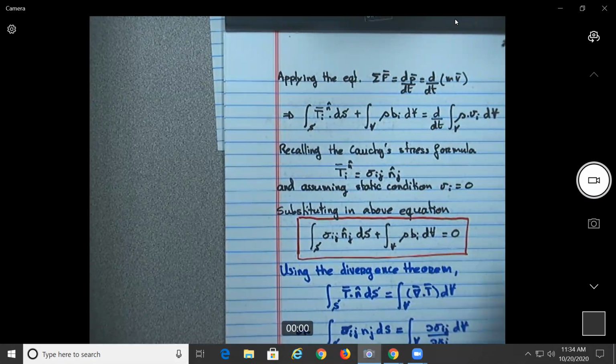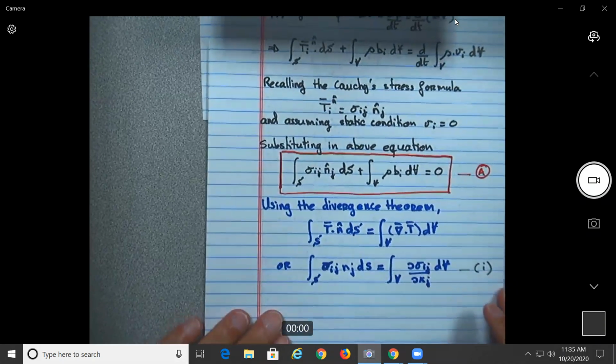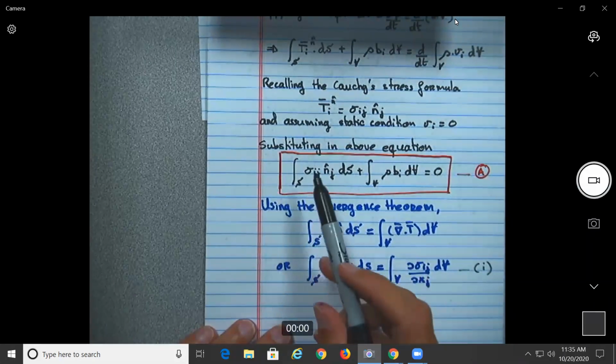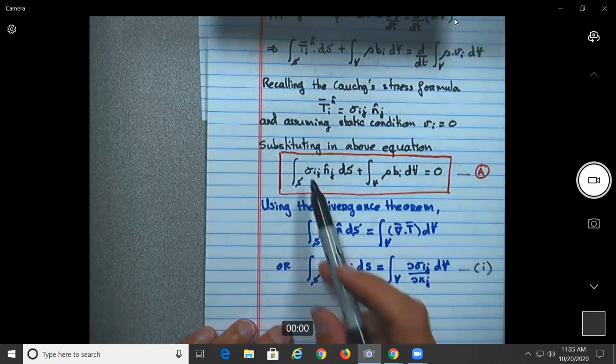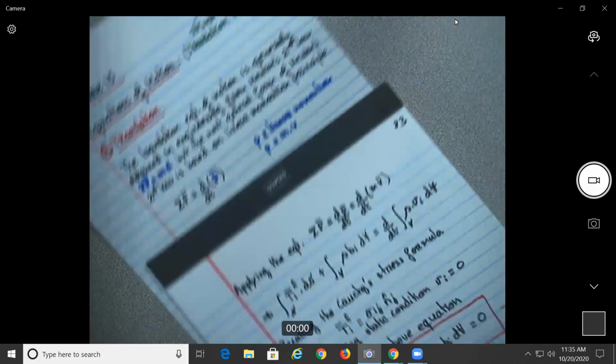So since we're going to go to a different page, maybe let me just call this one A and this one letter I. And now the only thing I'm going to do, I'm going to substitute this quantity here into here, okay, into the first term, okay? So let me go to the next page.